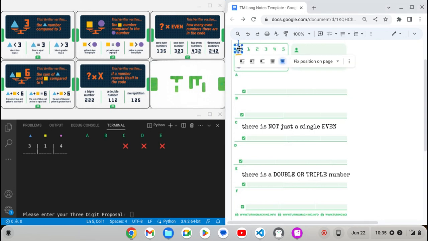So let's go ahead and write that down in D, that triangle plus square is either, we'll say, equal to 6 or greater than 6.